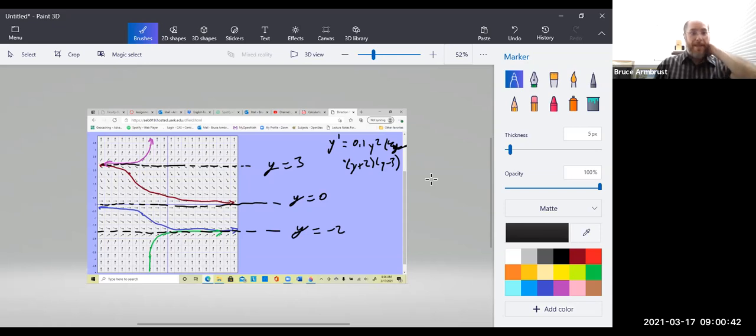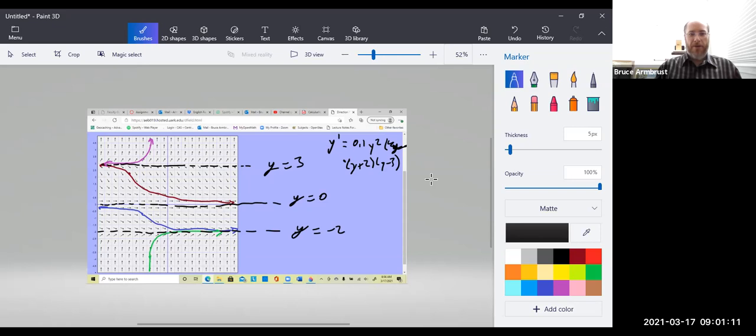So think about why that's significant. What happens when you have y prime equals 0? Well, your slope is 0, which means your graph is flat, right? It's horizontal. And that's what we're seeing. As we get closer to those y values, these things flatten out. You can even see that just in the arrows, right? Look at the arrows on here.